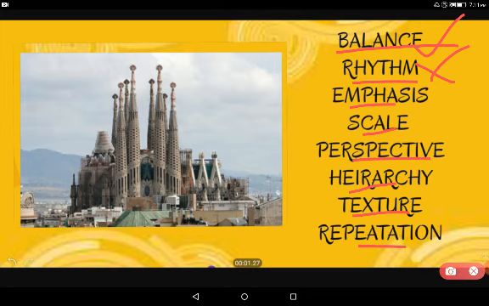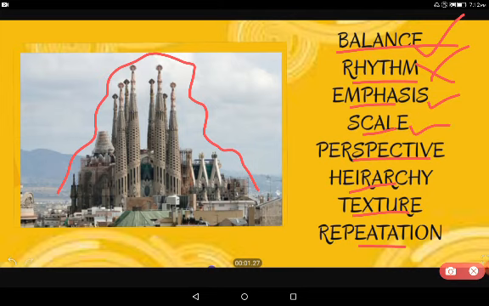Yes, there is a peculiar type of emphasis because of the vast blue background, like some pictures of Eiffel Tower. Yes, there is a sort of emphasis. Yes, there is also a scale between the foreground, background, and middle ground. Yeah, there is. And I can't see much perspective in this.